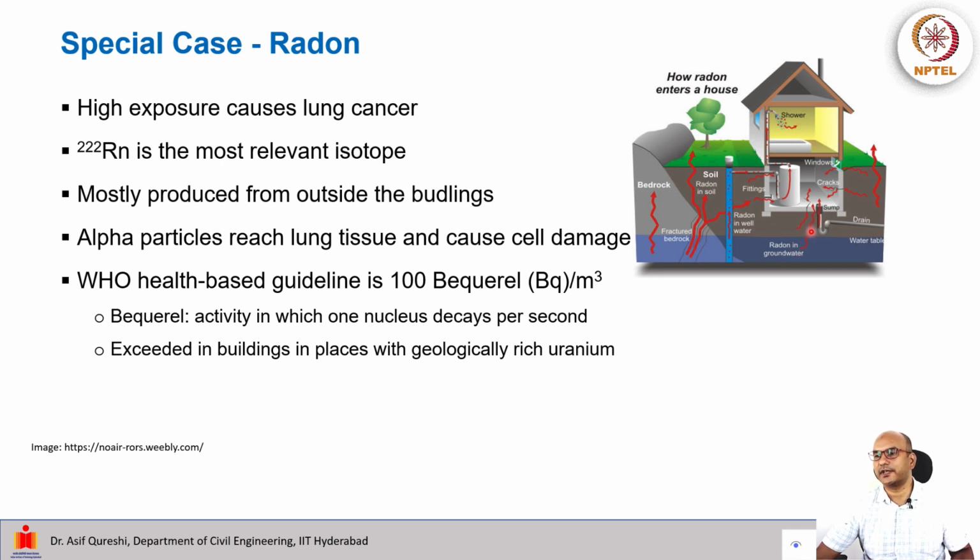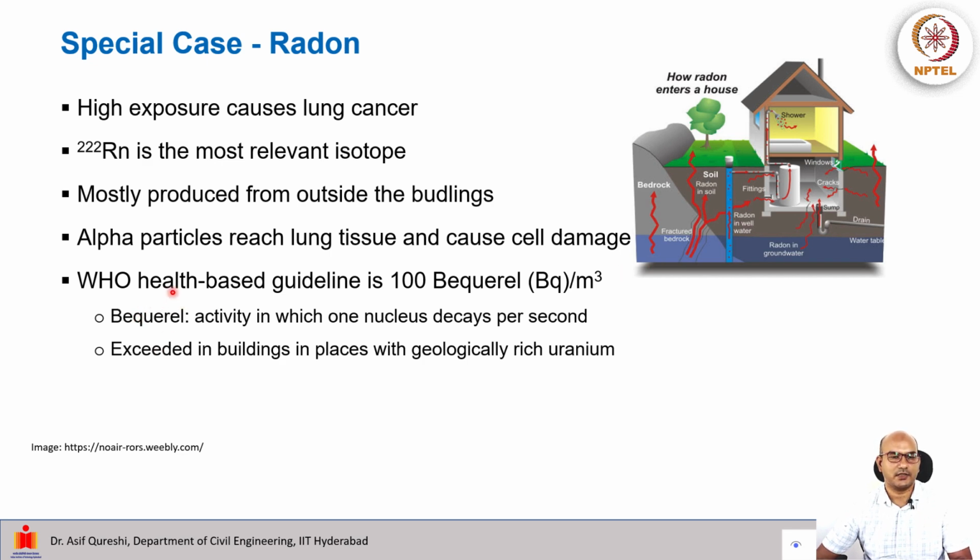Radon can also infiltrate through the sumps into the house environment, and also through the windows, or maybe the radon goes up and reaches the outdoor environment of the house, and then through the windows it comes inside. So there are a lot of pathways through which radon can infiltrate inside.